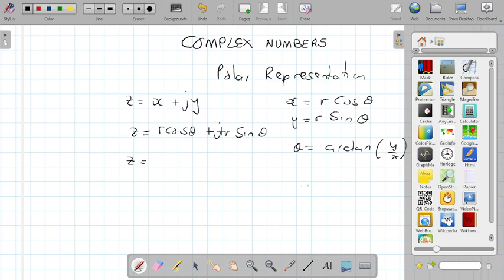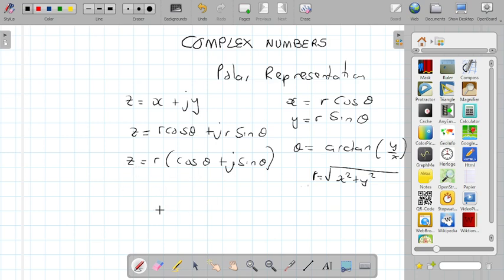Now, we can factorize here by r, and we shall have r times cos theta plus j sine of theta. Now, this is what is known as the polar form of the complex number. And we also know from trigonometry that r is equal to the square root of x squared plus y squared.